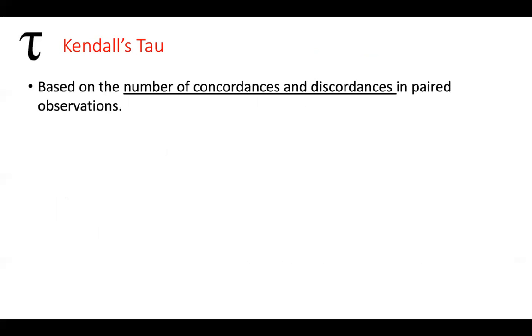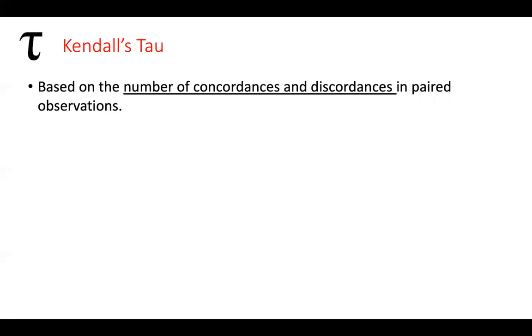An alternative to Spearman's rho is Kendall's tau. Kendall's tau is also a non-parametric measure of the association or relationship between two variables. Like Spearman's rho, it requires that the data is at least on an ordinal scale.